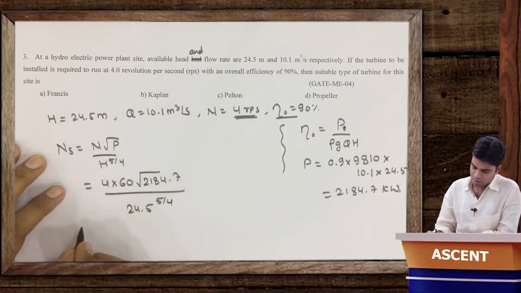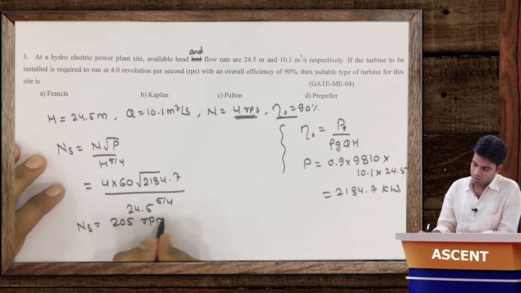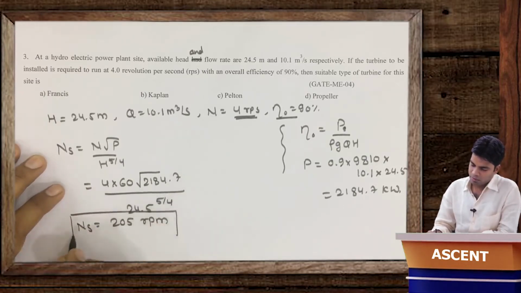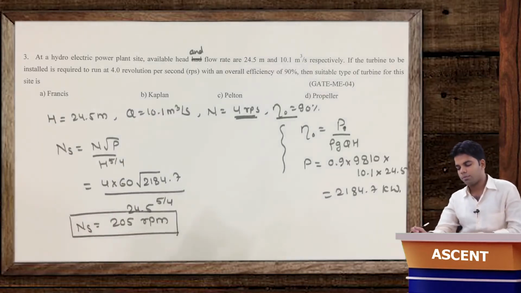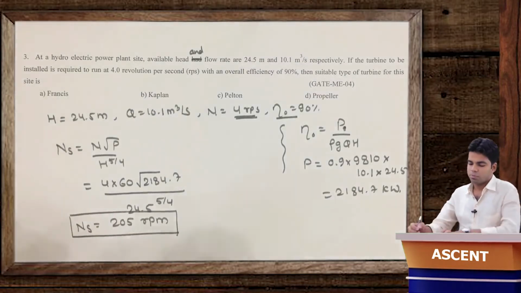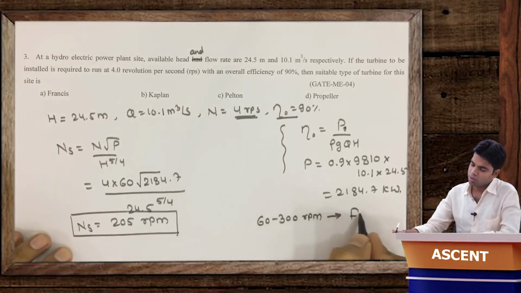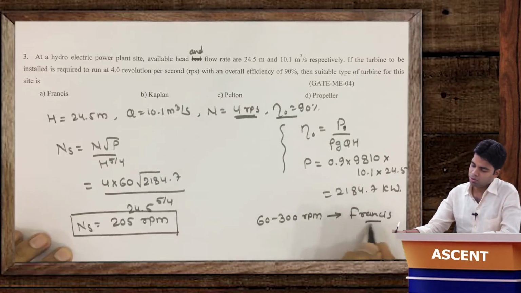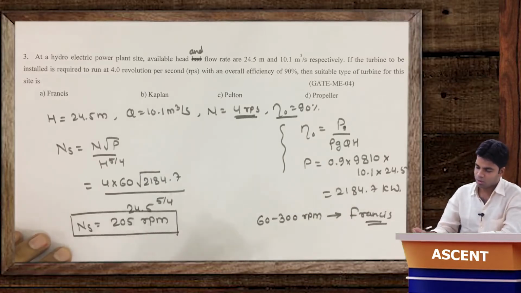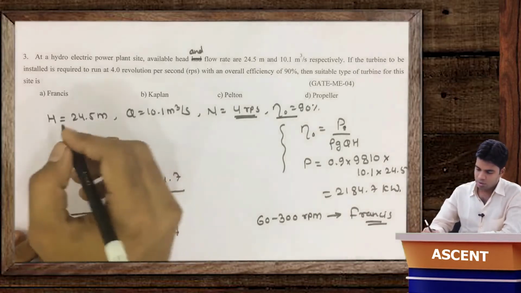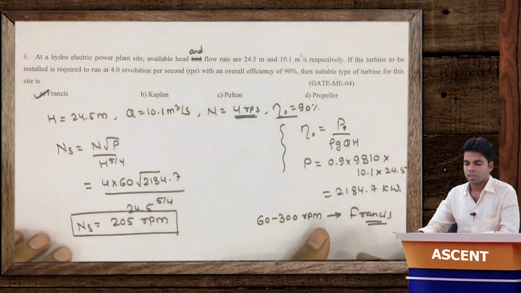Now this Ns from here will be equal to 205 RPM. On the basis of this specific speed we can decide the turbine. For the specific speed between 60 to 300 RPM, this we have already seen in the classification, we use the Francis turbine. So we will use the Francis turbine here. Getting this now?